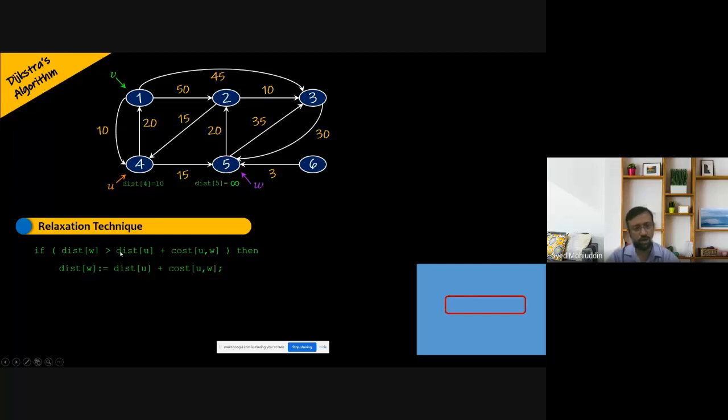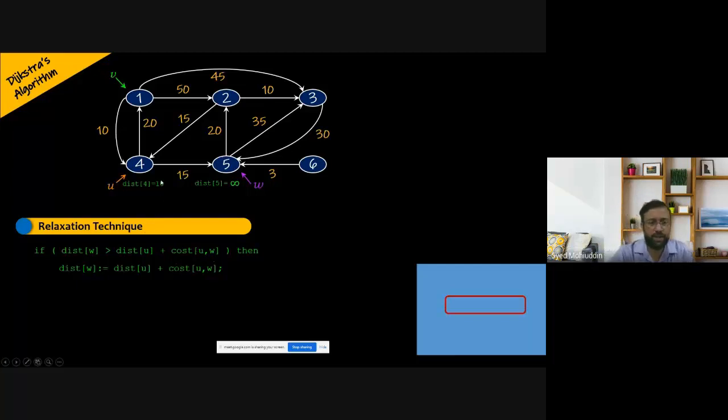So the distance of U is 10, from 1 to 4. So it's 10 plus the cost of U to W. Reaching 5 is the cost of the edge from 4 to 5. So the cost of U comma W is the cost of the edge.